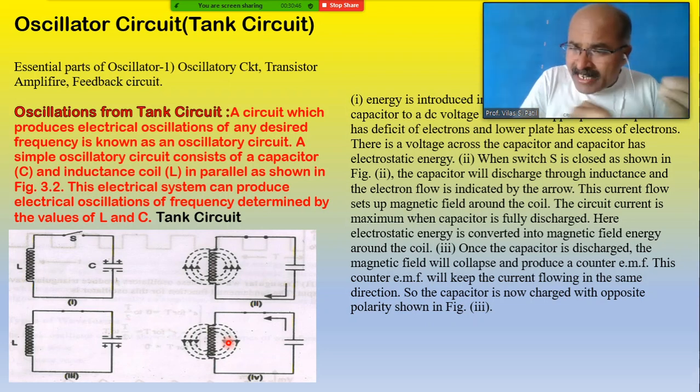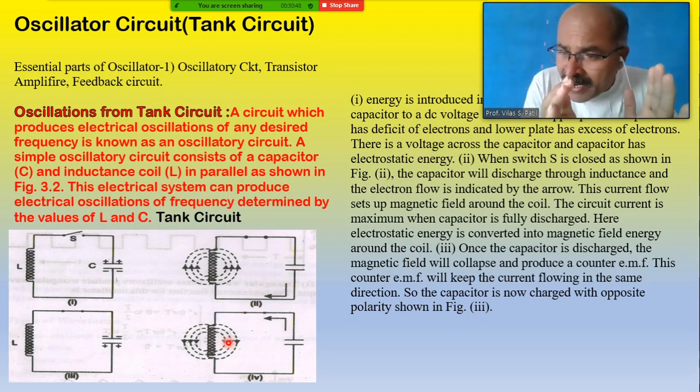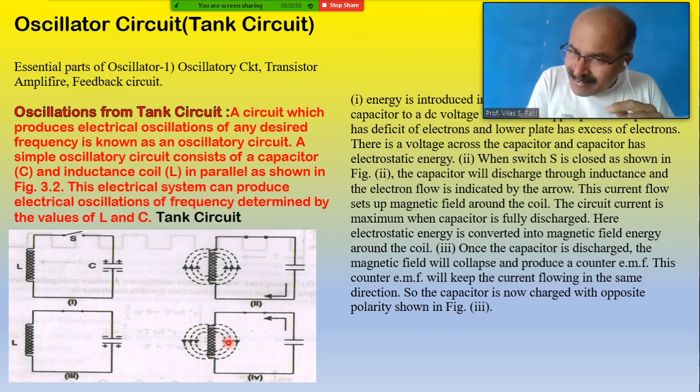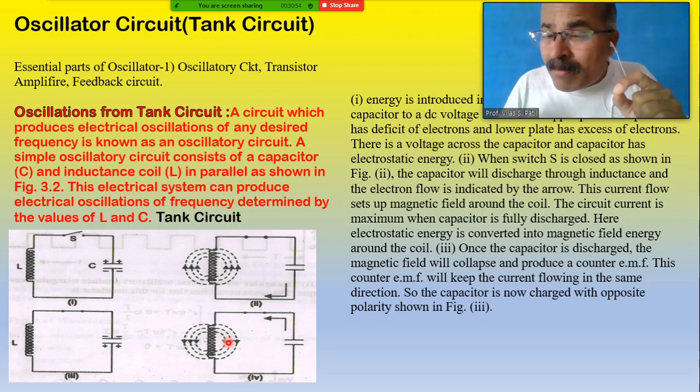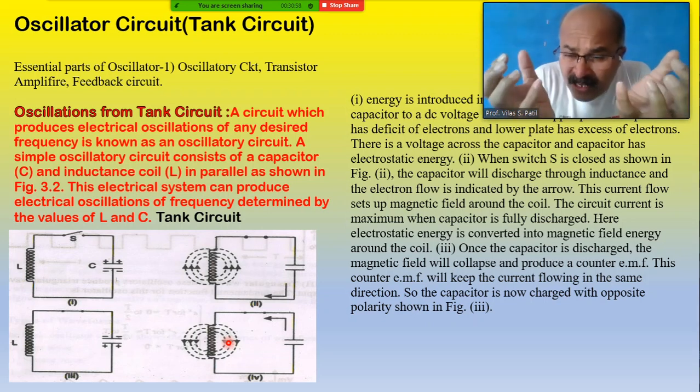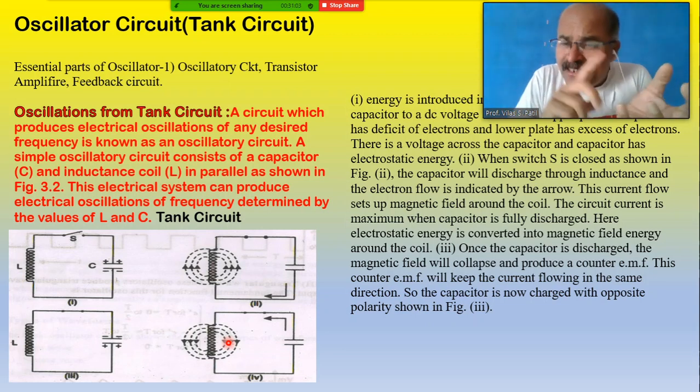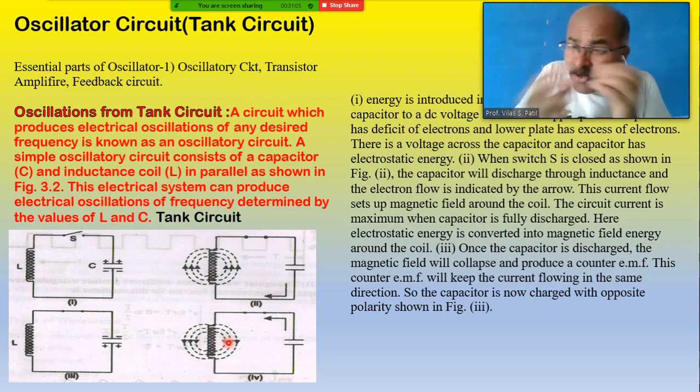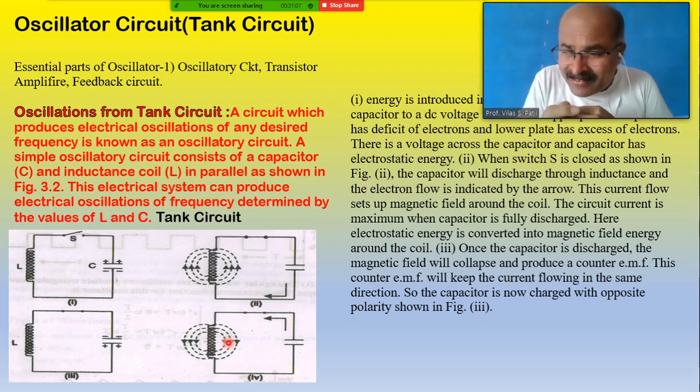The strength of the magnetic flux increases, and again it collapses and charges the capacitor in the reverse direction. In this way, between these two components, capacitor and inductance, interconversion of the energy takes place.